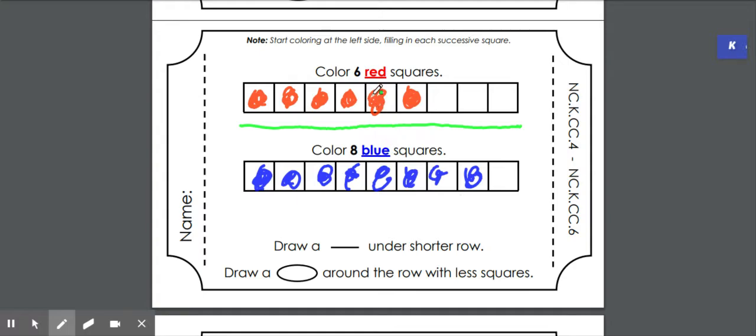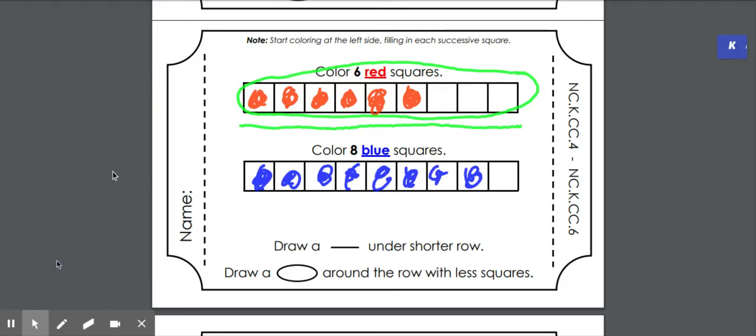You're right. The row with 6 squares because 6 is a smaller number than 8. So now I'm going to take my green and circle around the row with less squares. Great job. Let's move on.